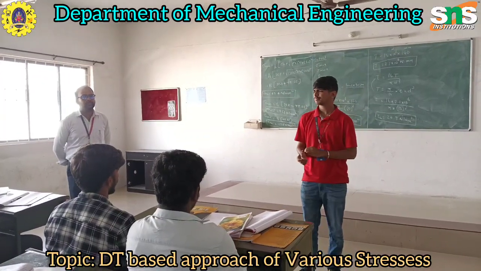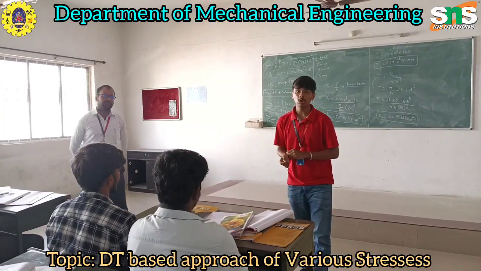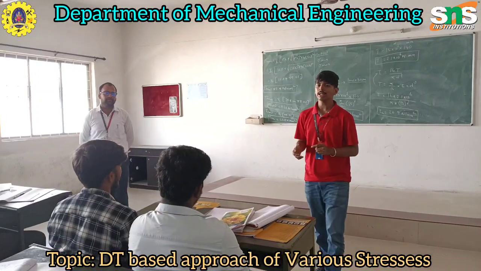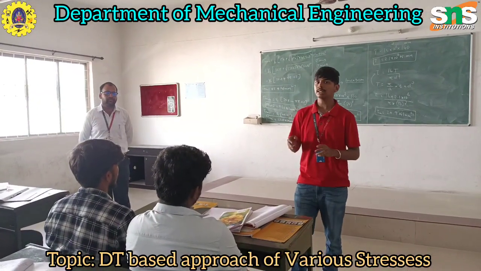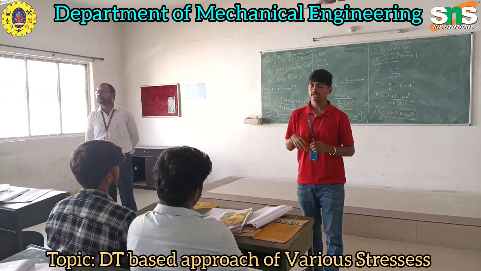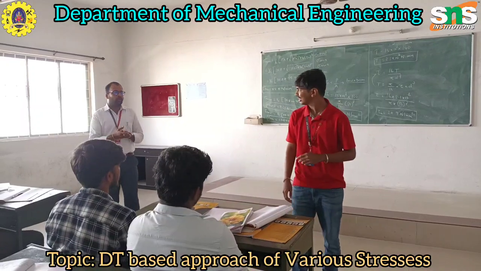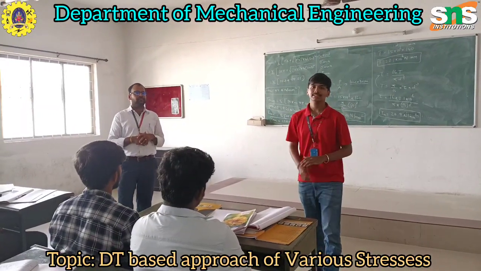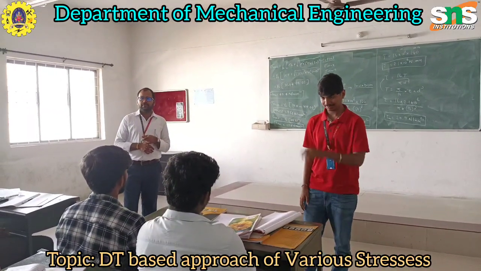And tau max is 1 by 2 times the root of sigma square plus 4 into shear square.